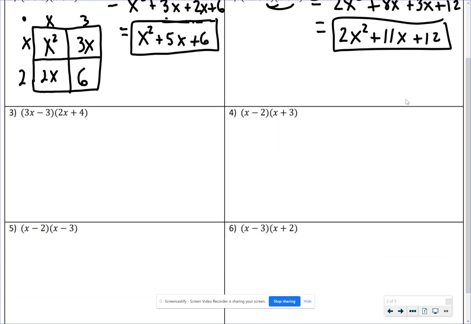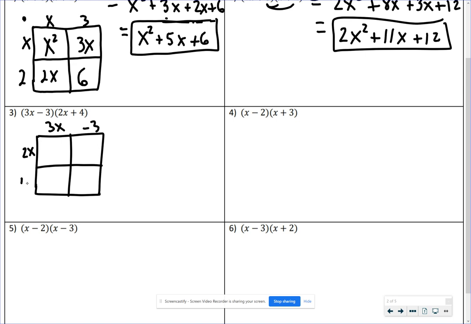Okay, if you want to, you can pause the video and try number 3 on your own. I'm just going to go ahead and work through it. Once again, 2 rows, 2 columns. First factor, I'll just go ahead and put it here. Notice I have to do the negative in front of the 3.